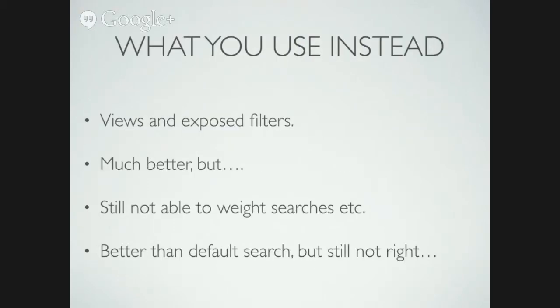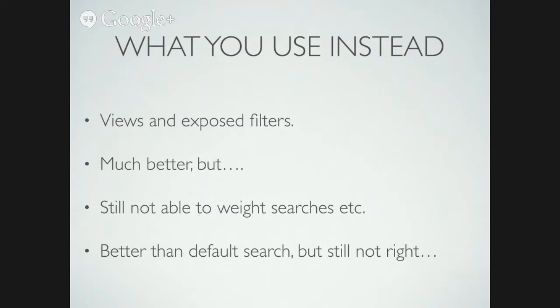So you do use views with exposed filters. And this is great, because everyone knows how to theme views. They know what exposed filters are. You can tweak around things. You can get a much better result out of this. You cannot weight the searches. So you cannot say that if the word appears in the title, it's worth 8 times as much as if it appears in the body.